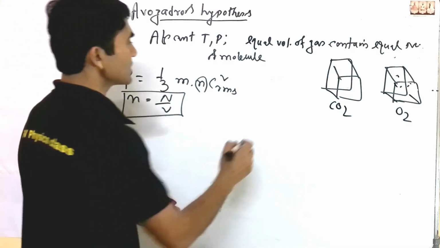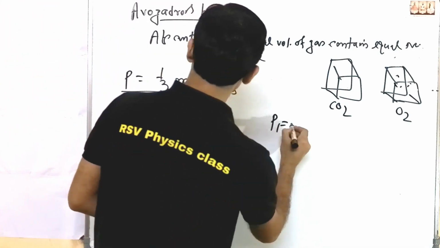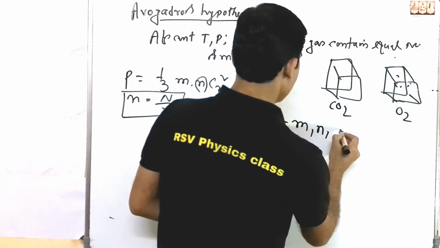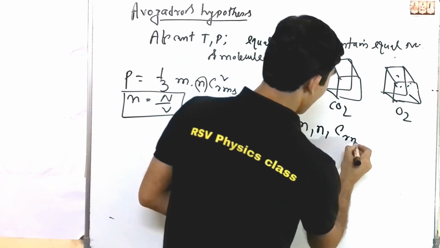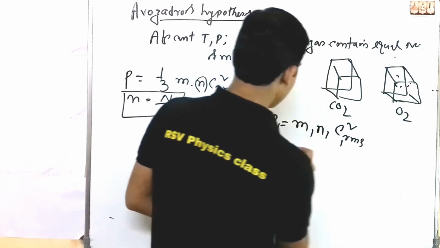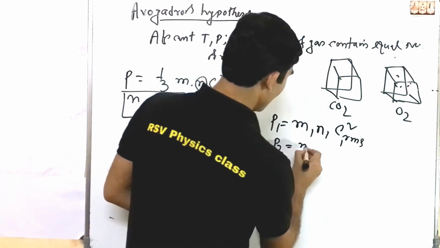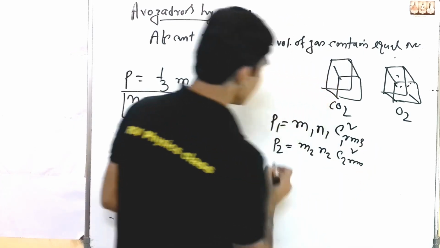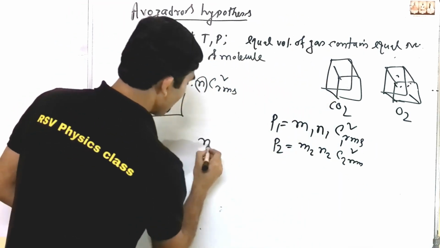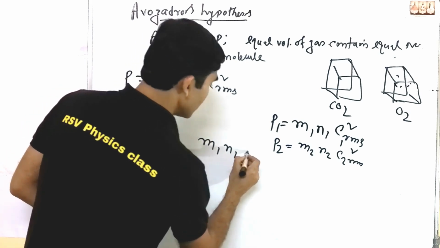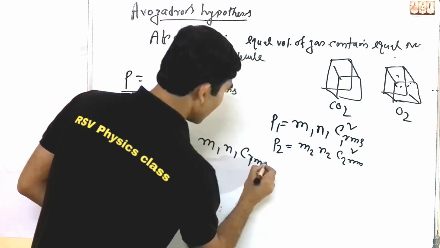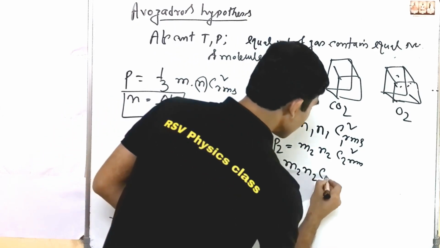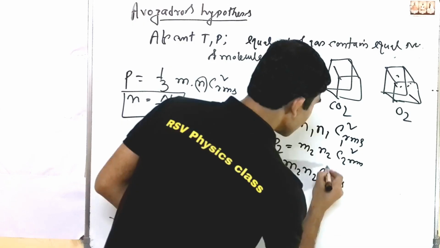So pressure is constant. P1 equal to m1 n1 c1 rms square, and P2 equal to m2 n2 c2 rms square. So if pressure is constant, so m1 n1 c1 rms square equal to m2 n2 c2 rms square.